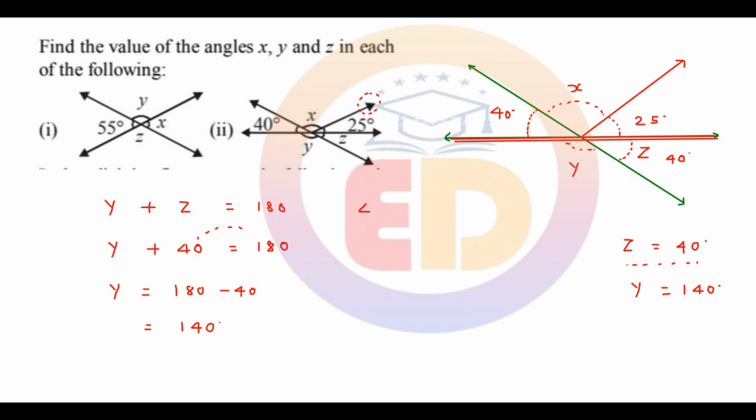So 40 degrees plus x plus 25 degrees should be 180 degrees because they are angles on a straight line. 40 plus 25 is 65, so x plus 65 equals 180. Take 65 from the left side to the right side, it will be subtracted. x equals 180 minus 65, which is 115 degrees. So the value of angle x will be 115 degrees.